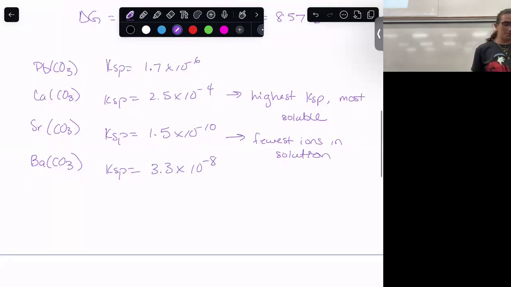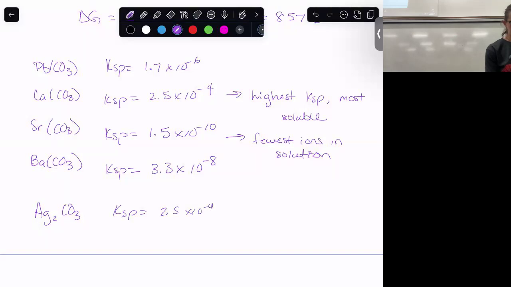If we had something like silver carbonate, it's still only producing, say this is also 2, how many ions of the carbonate?